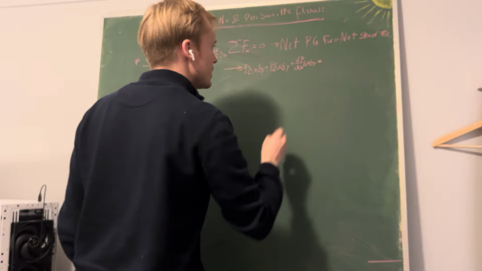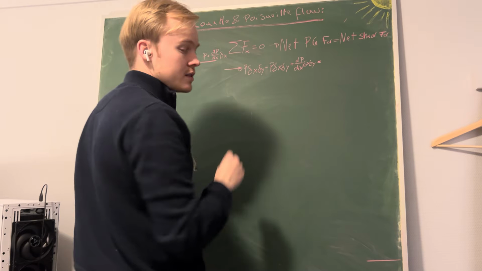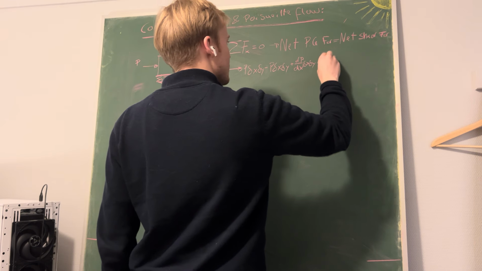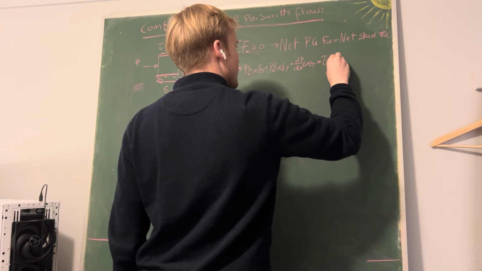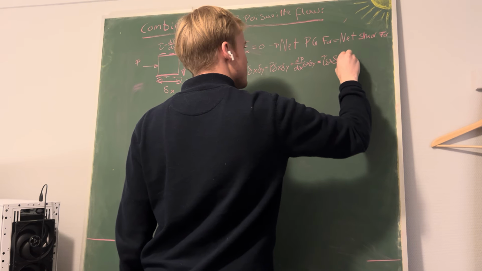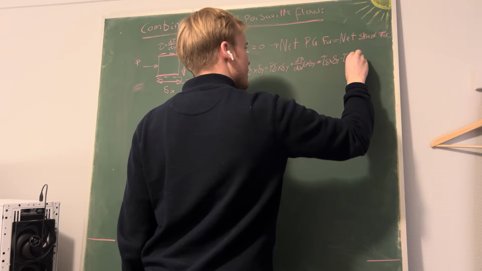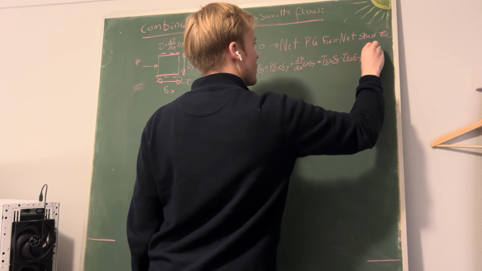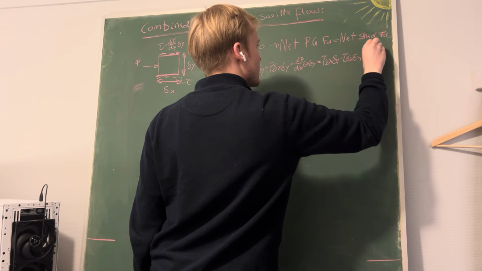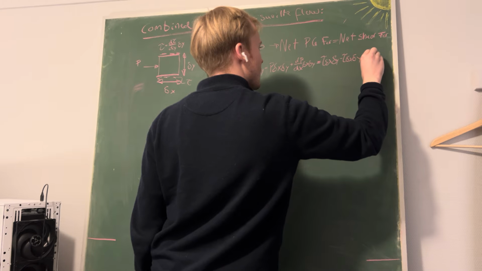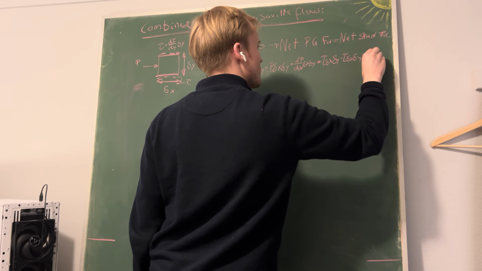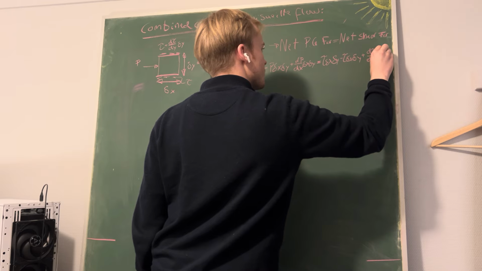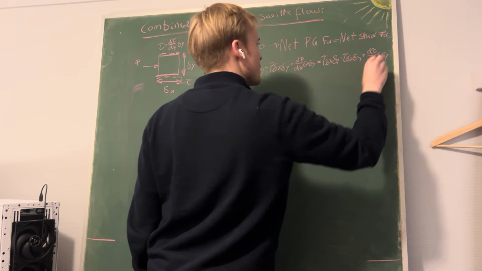That should equal the net shear forces: tau delta x delta y minus tau delta x delta y plus our change in tau along y, like that.